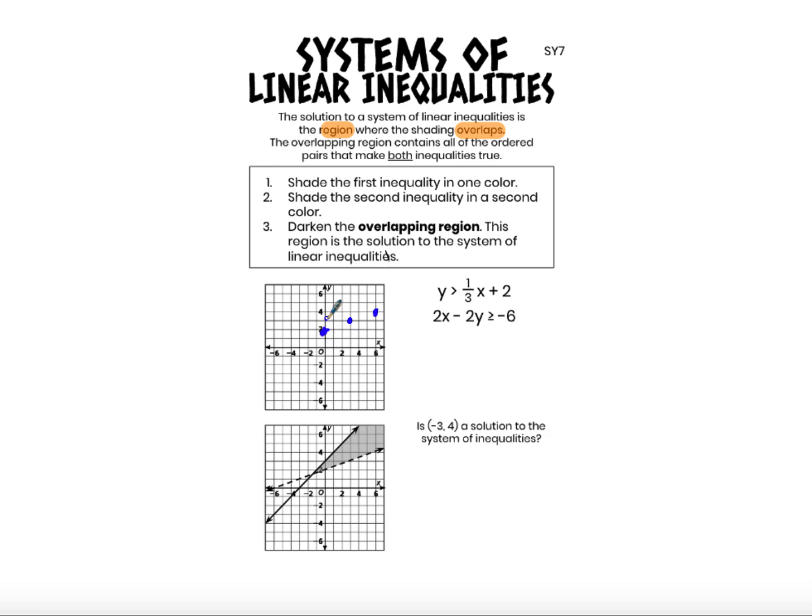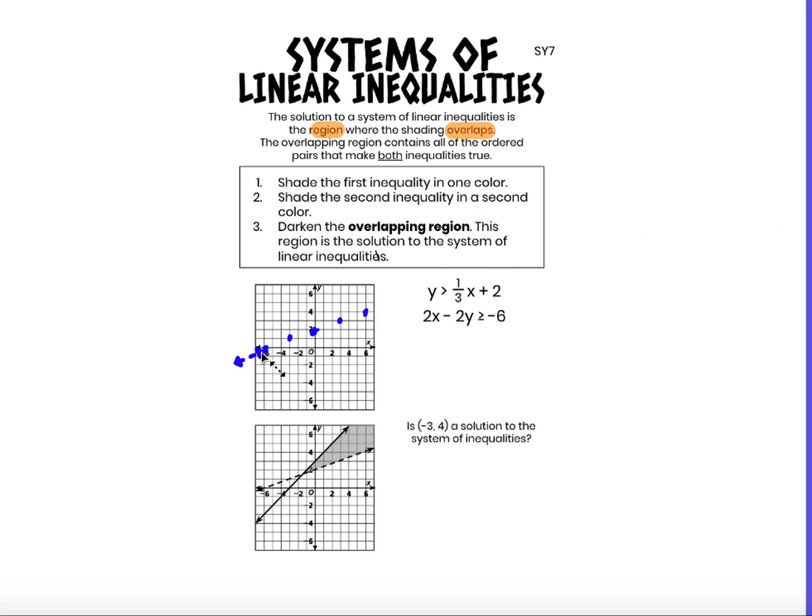To go left, I go down 1 and left 3. My boundary line is going to be dashed because I don't have an equal sign here. That means points on that boundary line are not solutions to that inequality. So the boundary line has been graphed.